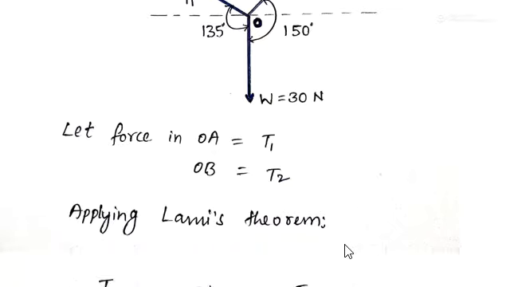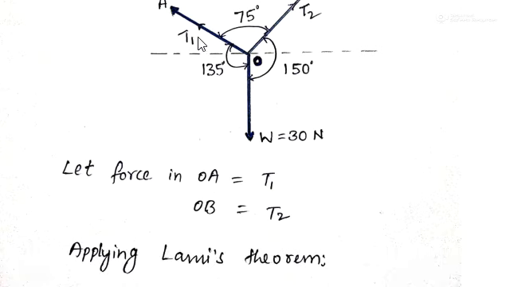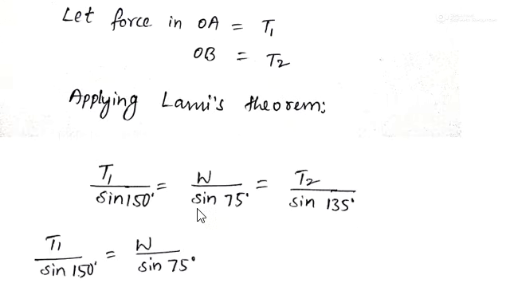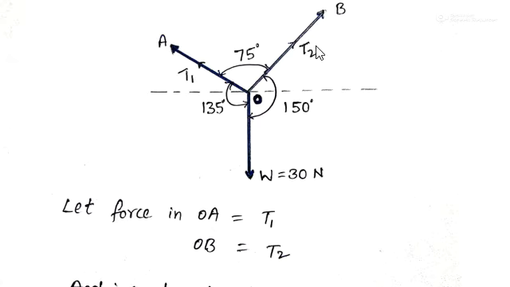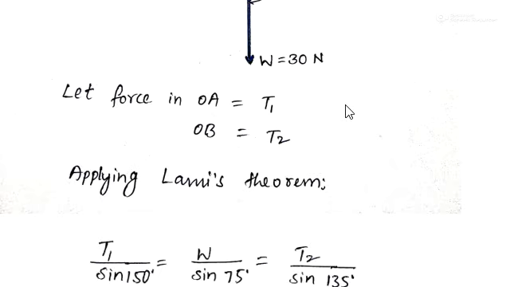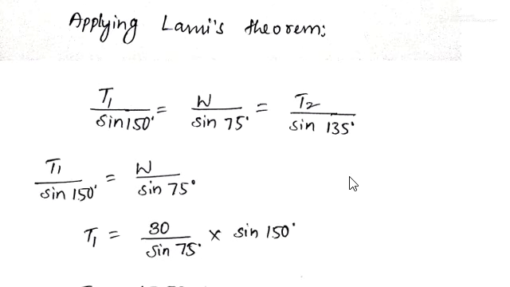If you apply Lami's theorem, assuming this is P, Q, R, P by sine alpha means T1 by sine 150, in the same way W by sine 75, and T2 by sine 135. To get T1, take the first two terms: T1 by sine 150 equals W by sine 75.